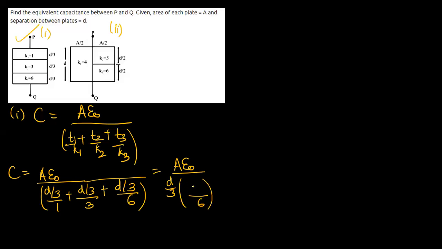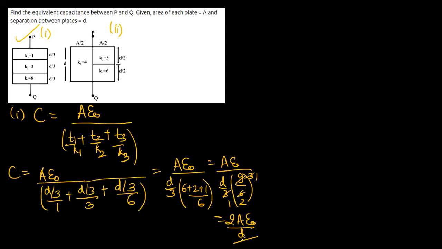It will be 6 plus 2 plus 1. So this will be equal to A epsilon naught upon D by 3 into 9 by 6. So when you solve this, you get here 1, here will be 3, here will be 1, here will be 2, 2 will go up. So 2A epsilon naught divided by D is your answer for the first case.